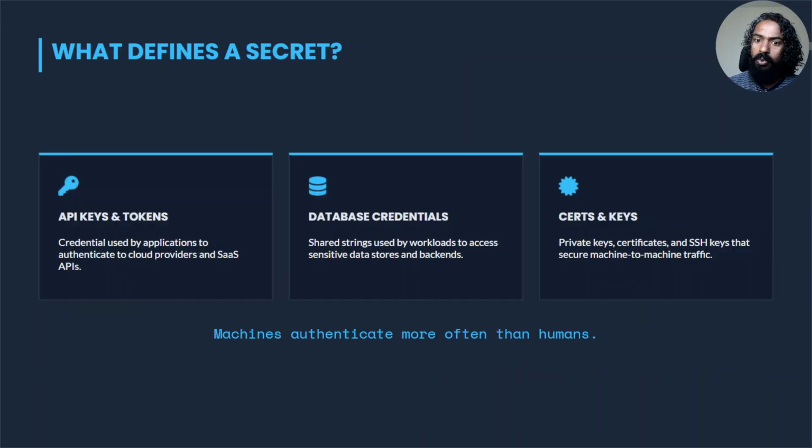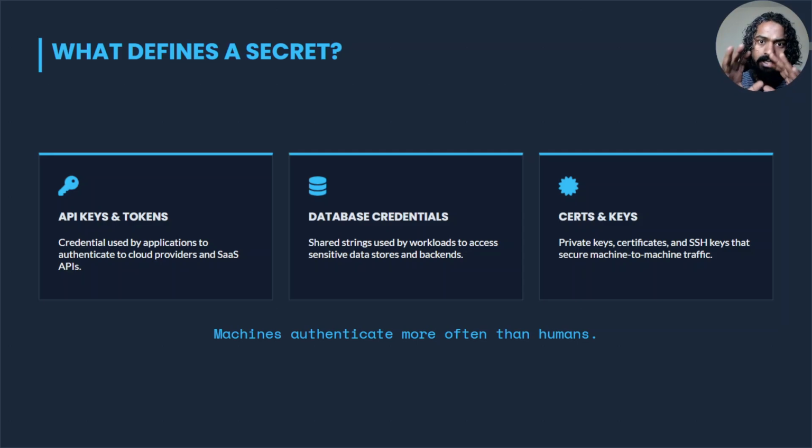So now, what exactly is a secret, right? A secret is any credential used by systems to authenticate. So let's keep it that simple. This includes your API keys, your OAuth tokens, your database passwords, certificates, SSH keys, and your service account credentials, right?